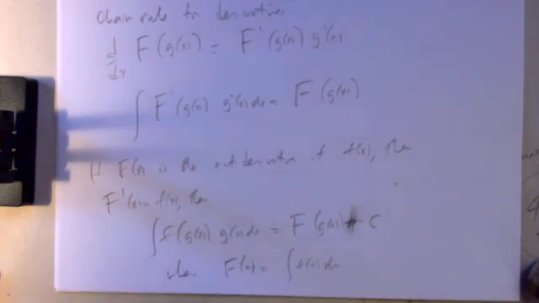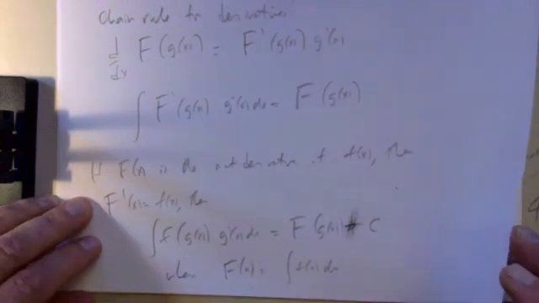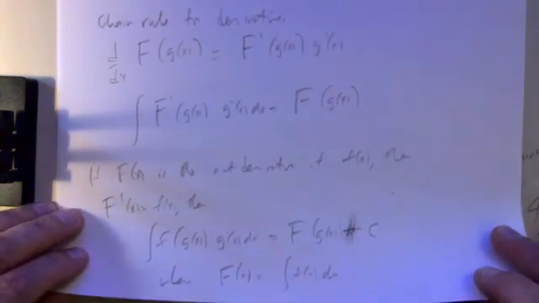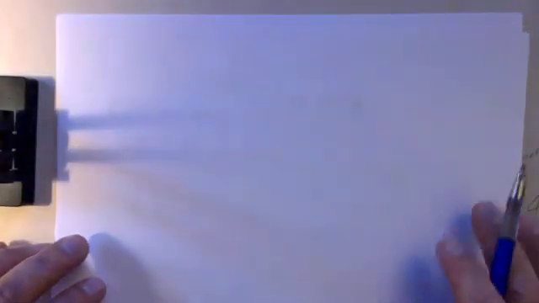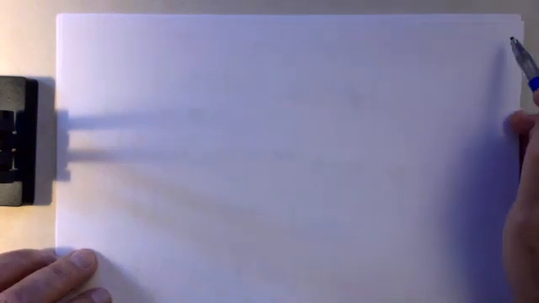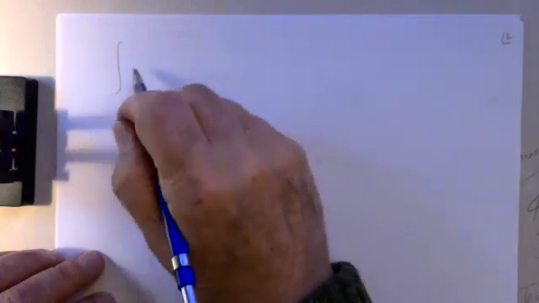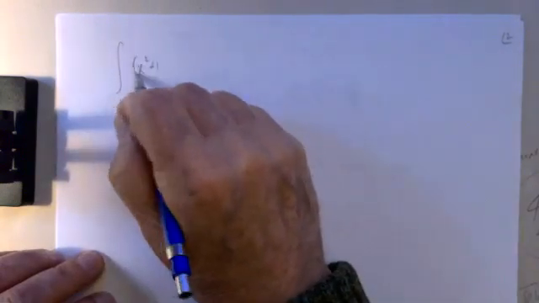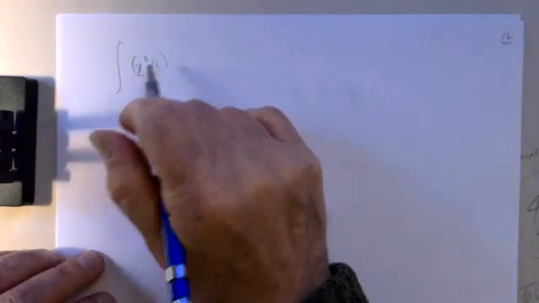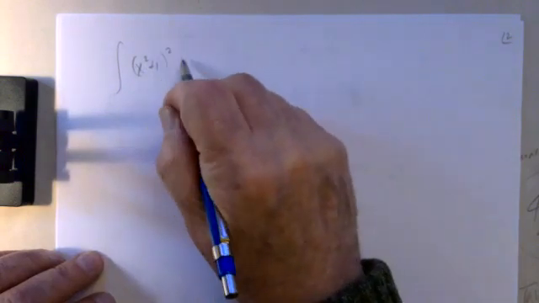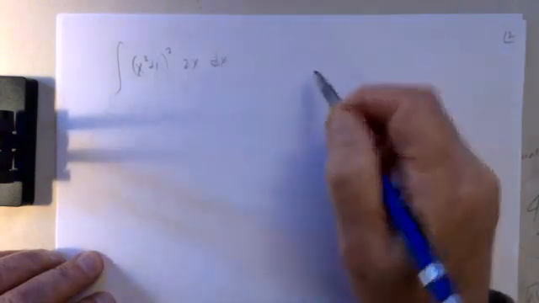So this is a somewhat complicated looking formula, but when you work some examples and keep working examples, sooner or later it becomes pretty clear what's going on and what you can do. So for example, we have to solve the problem of integrating x squared plus 1 squared times 2x dx.